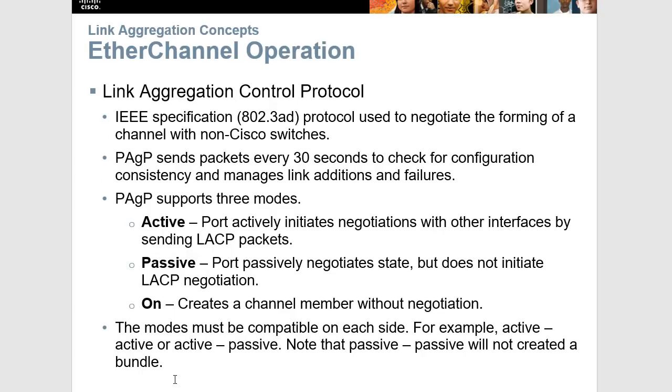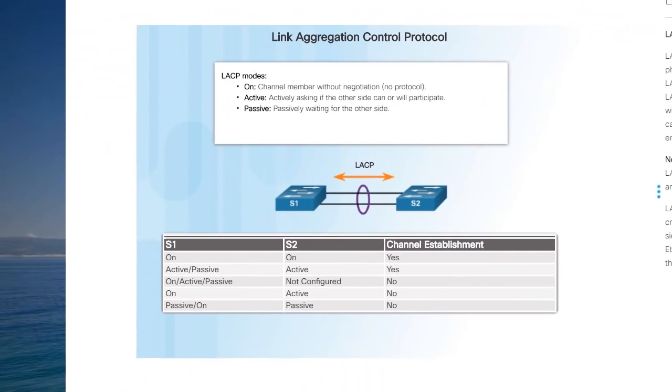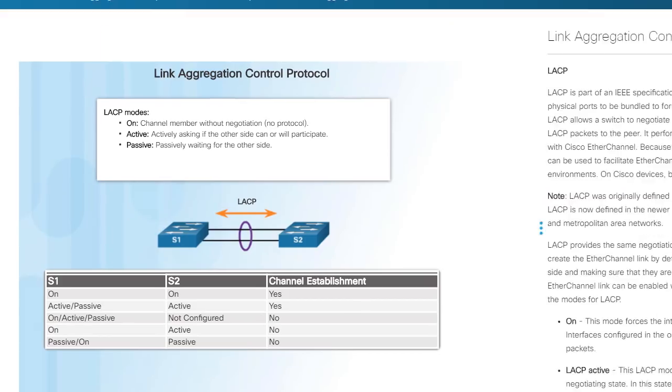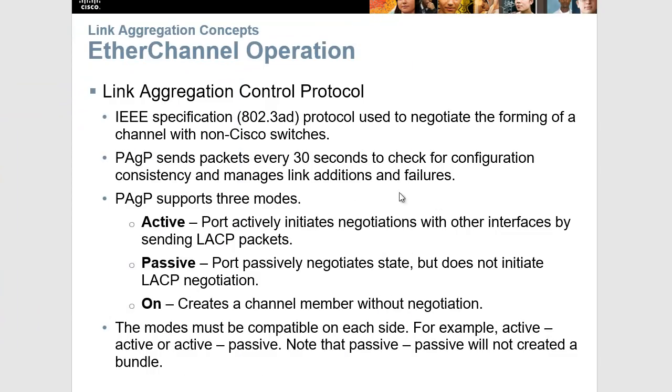LACP, really the same type of thing. It's just instead of having desirable and auto, we have active and passive. So same exact type of chart, only we have active and passive rather than desirable and auto. Same situation, same concept, and that's how it's going to form. Packets are sent every 30 seconds, used to form a channel on non-Cisco switches.